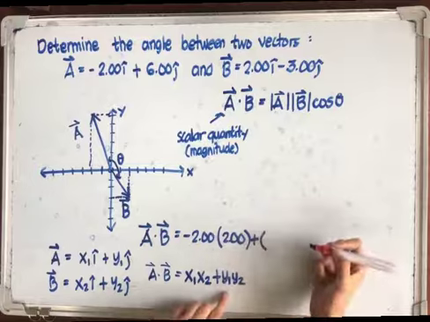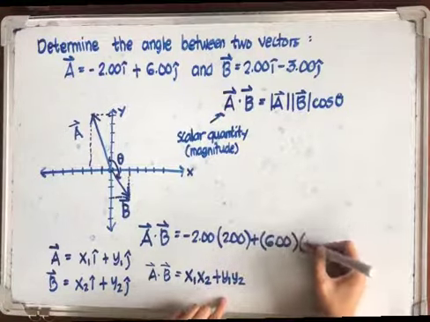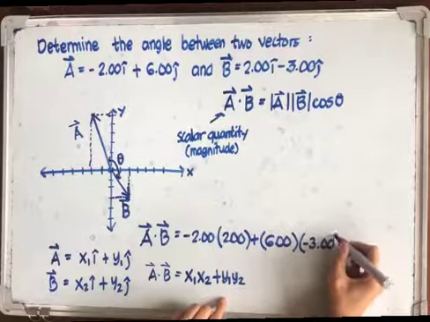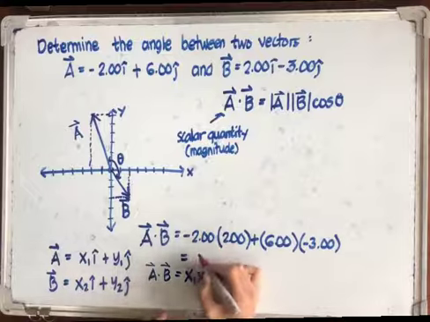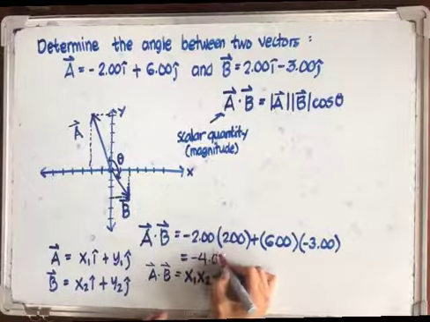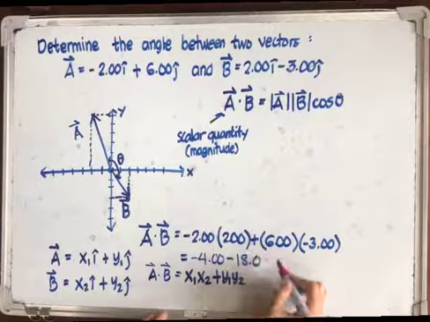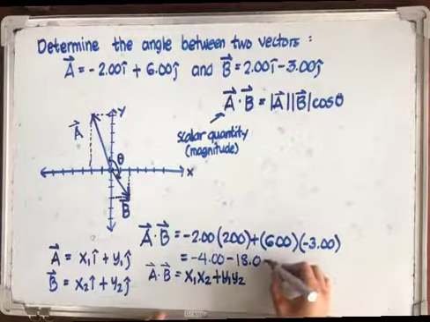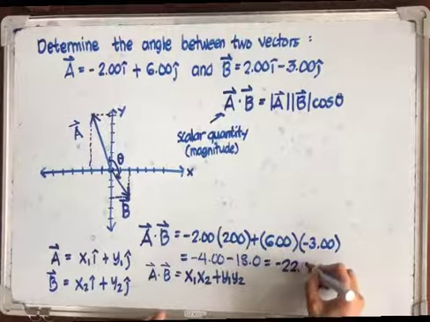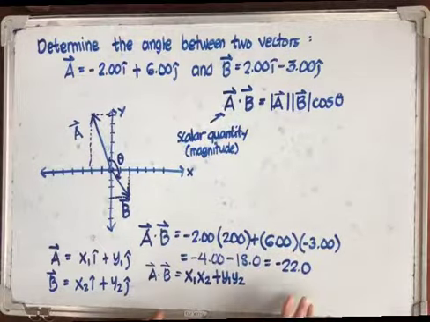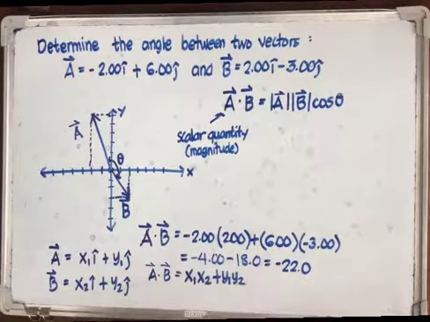Plus, ang ating y1 is 6.00, and then we have y2 negative 3.00. So, multiplying this one, this would be negative 4.00 minus 18.00. Not, 3 significant figures lang tayo. And this would result to negative 22.0. Okay, that's the dot product daw.